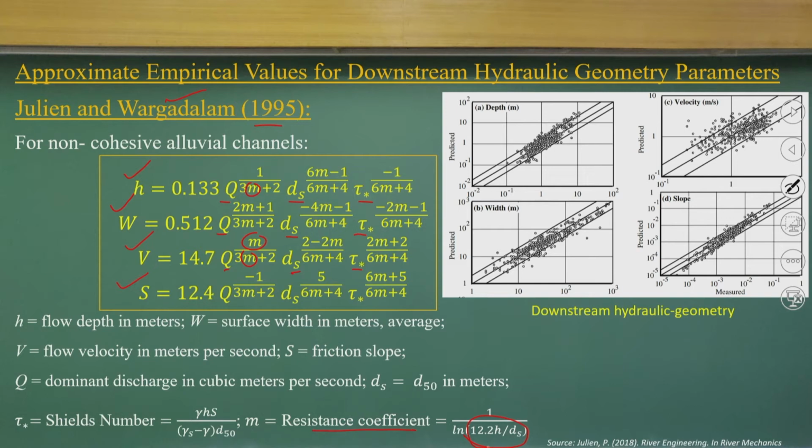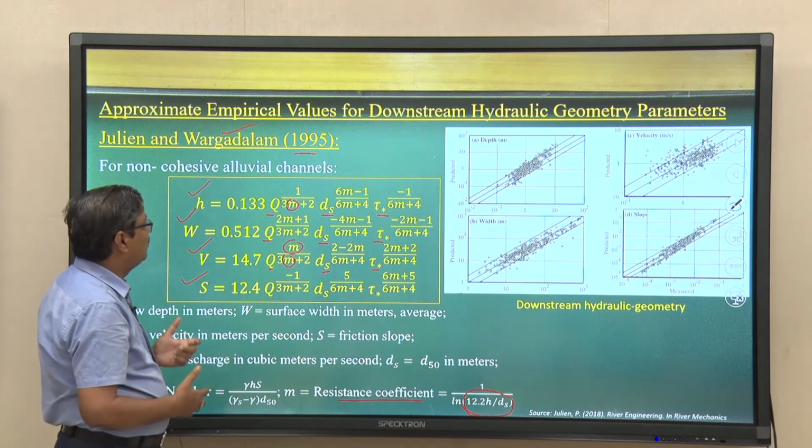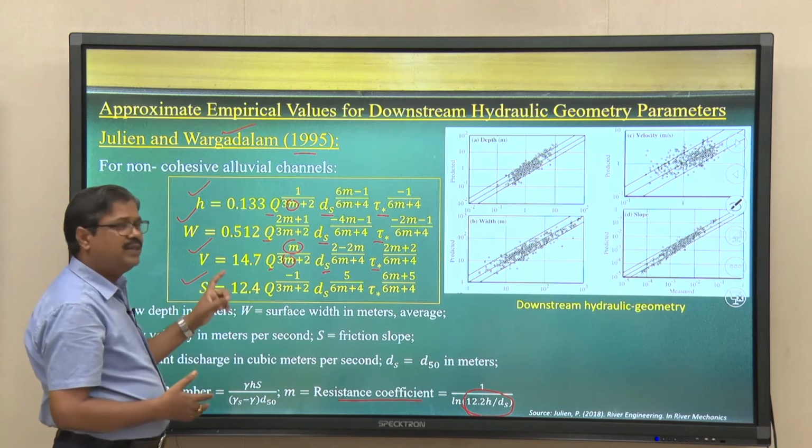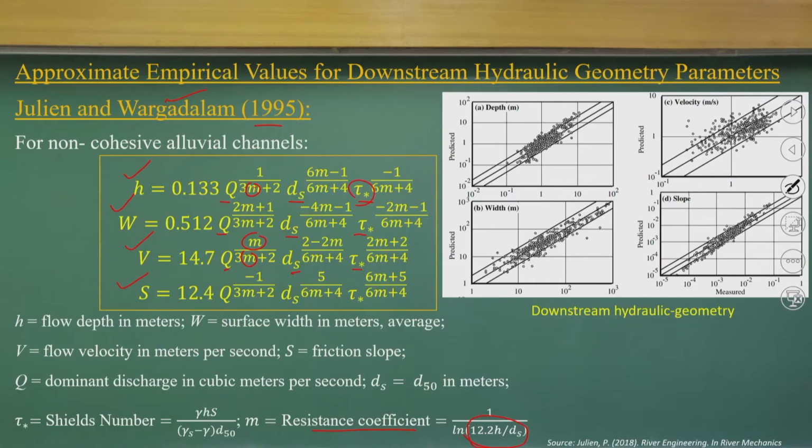As compared to the Lacey equations, now we are going into more detail, which depends not only on Q and ds but also on the Shields number, and also on a power exponent. Like in the earlier case, we had width equal to 2.66 Q to the power half.